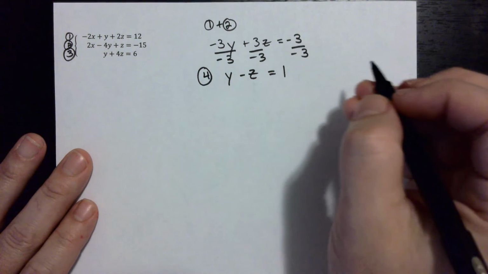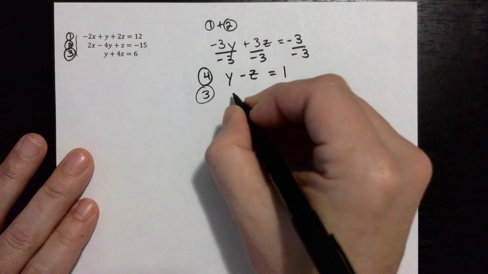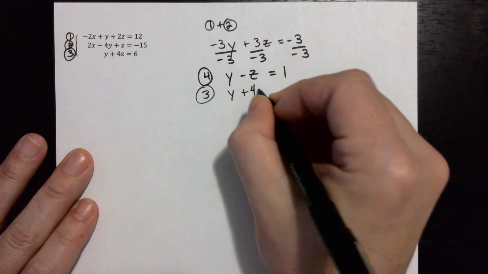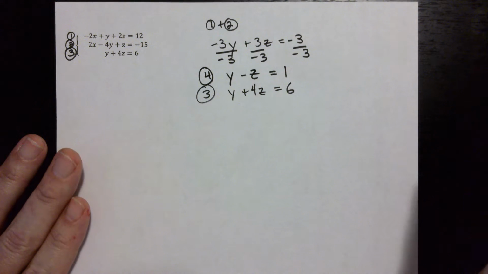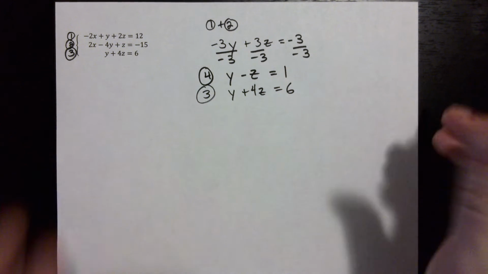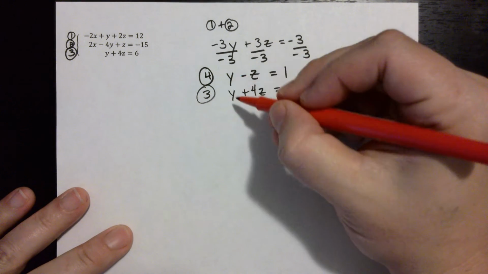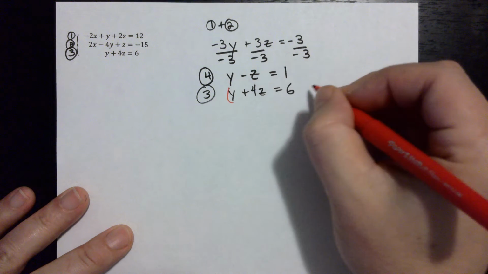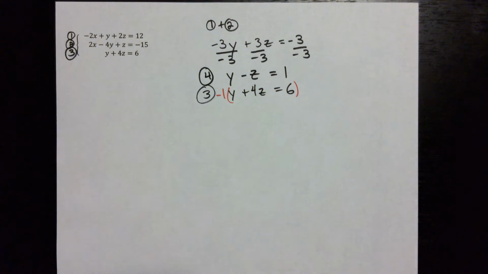Now I'm going to take equation 4 and equation 3, which is y plus 4z equals 6, and I'm going to use those to solve for y and z. So how would I do that? Well, I need to make these opposites. It's already got y and y here. If I could just change one of those signs by multiplying by negative 1, then those y's will cancel and leave nothing but z.